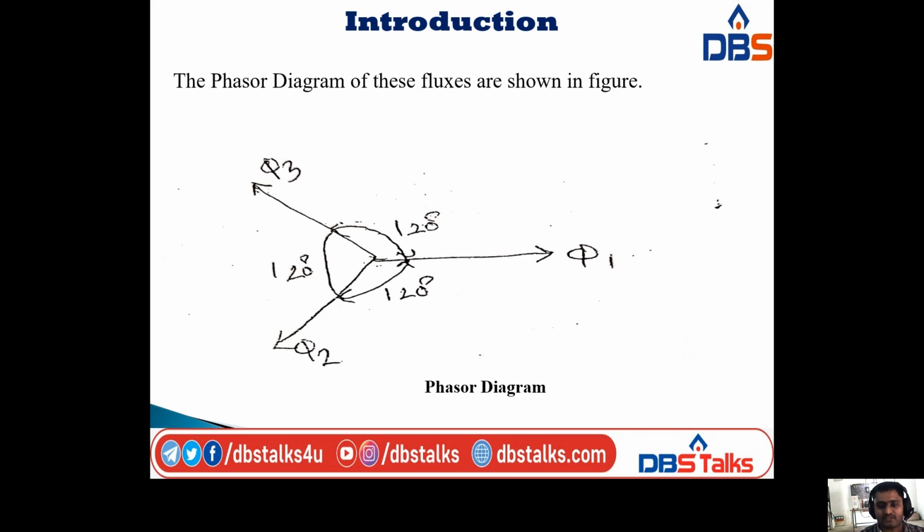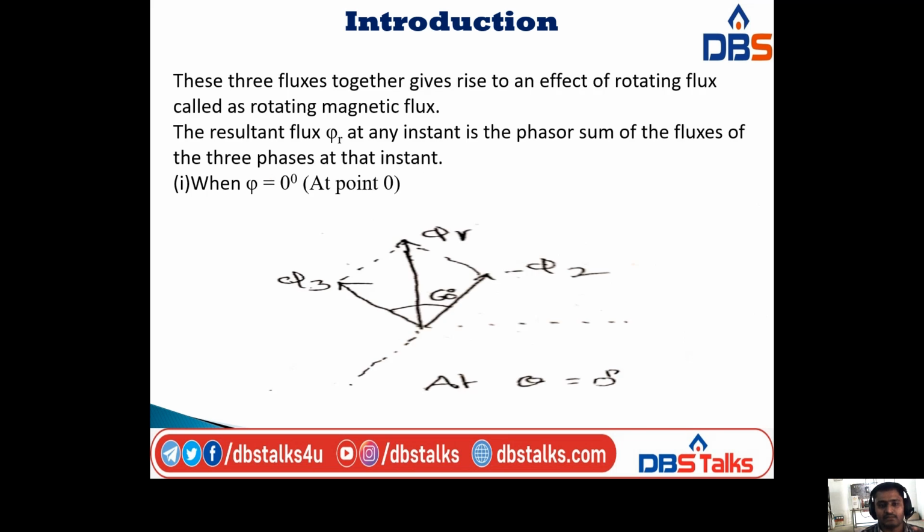These fluxes are drawn like this, and the phase displacement between each is 120 degrees. This is the phasor diagram of those fluxes phi 1, phi 2 and phi 3. Next, these three fluxes together give rise to the effect of a rotating flux.